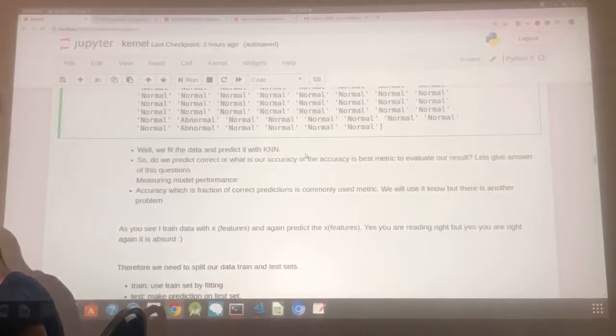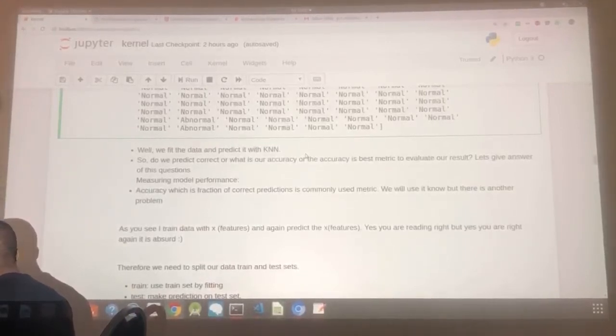Depending on what you're looking for, but accuracy is not there. You need to understand sensitivity.